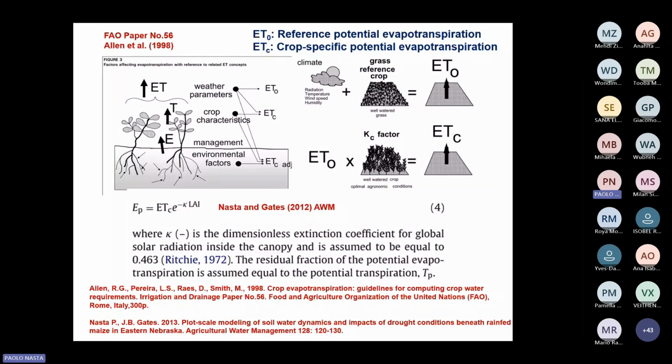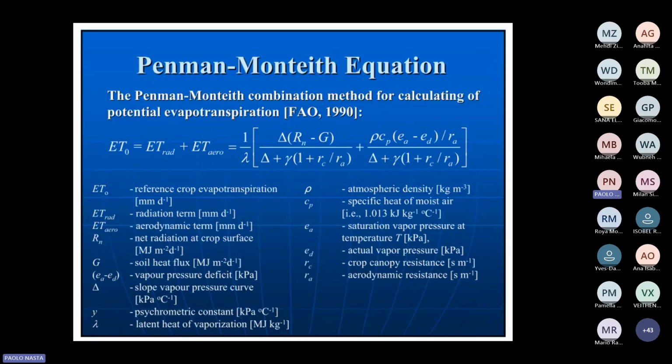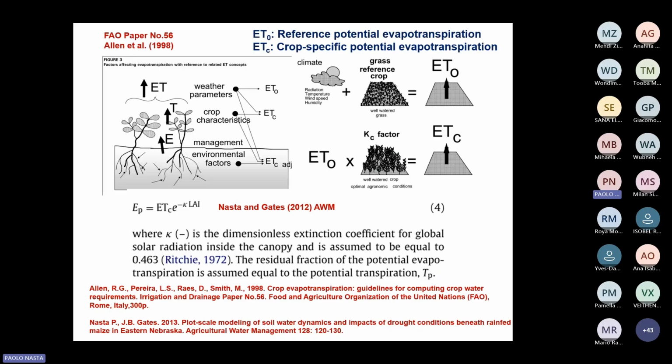As I said, the calculation of the ET0 is referred mostly to the Penman-Monteith equation, as you can see here. So if you have all the weather data, you can use easily this equation that is very well described in FAO paper number 56, by Allen et al. in 1998.